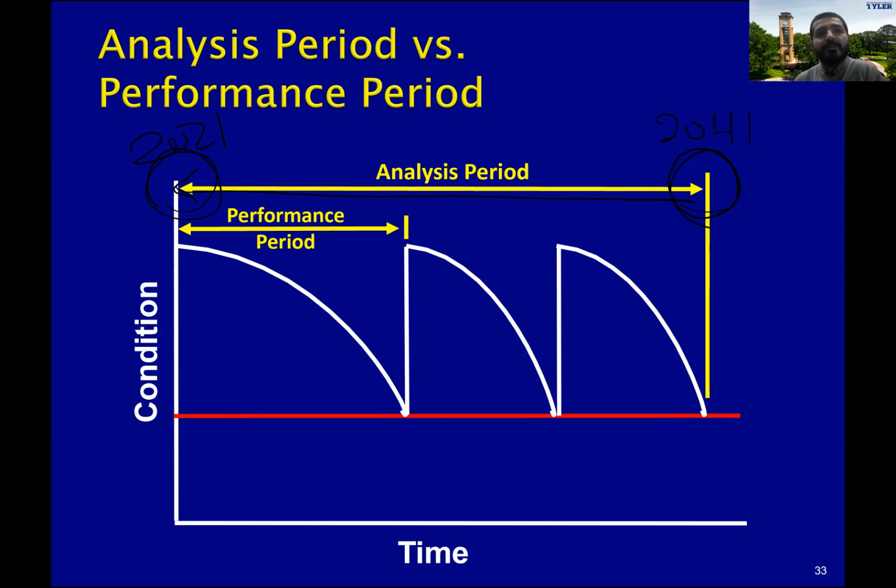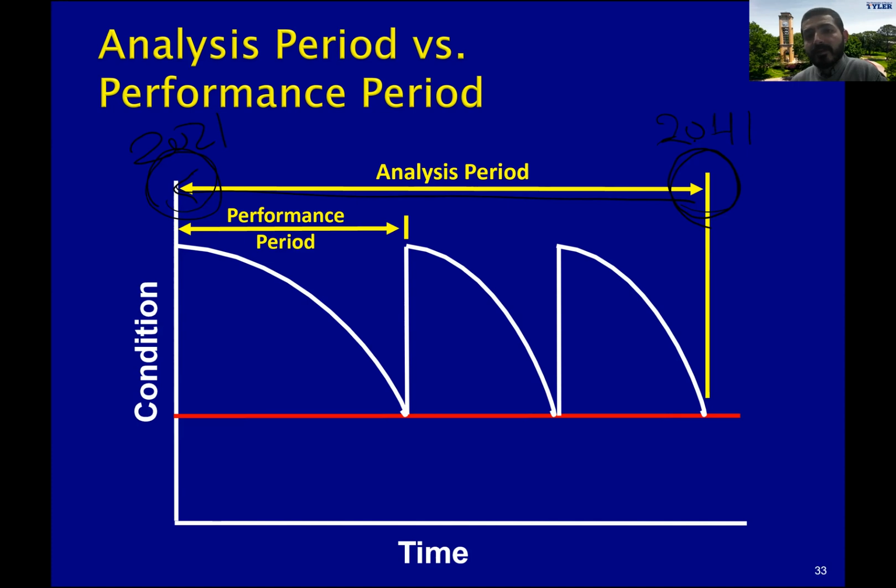This is the analysis period. There are going to be a lot of activities between 2021 and 2041, but I'm not planning a major reconstruction until 2041, and that's the total analysis period.